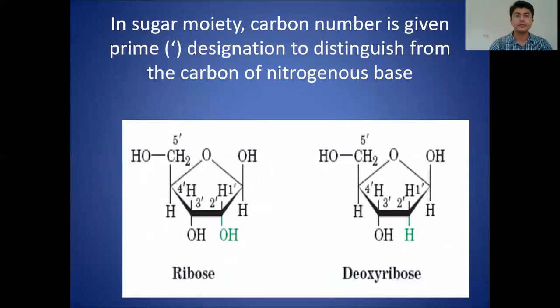In the sugar moiety, the carbon number is designated with a prime symbol to distinguish it from the carbon of the nitrogenous base. Here the ribose sugar has a hydroxyl group on the 2' carbon of the pentose sugar, and the deoxyribose sugar lacks a hydroxyl group on the 2' carbon, and because of this the RNA molecules are more reactive in nature.